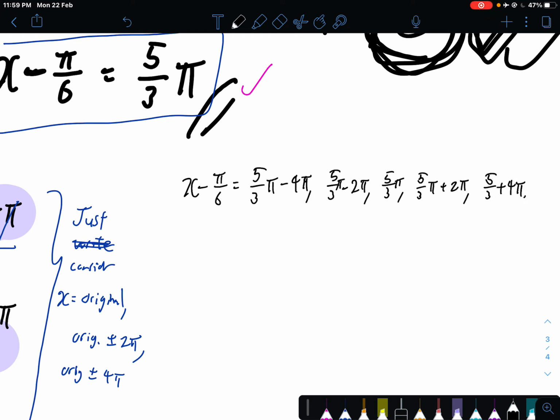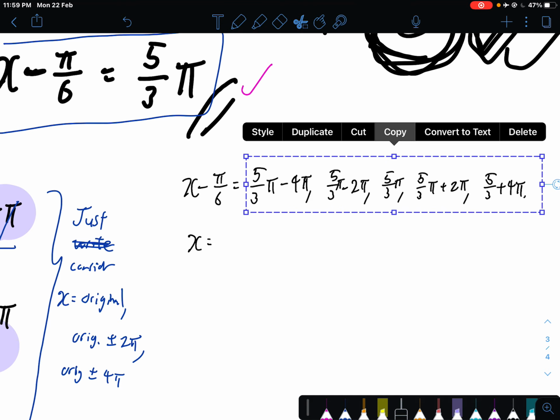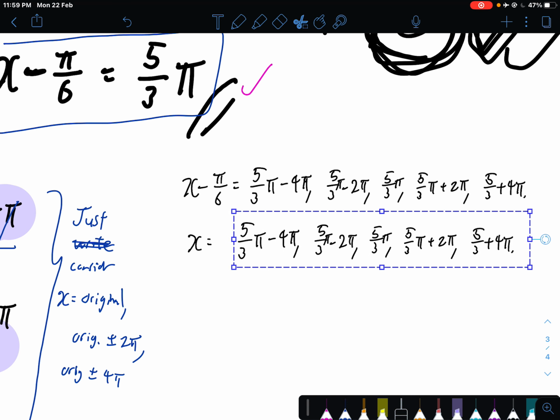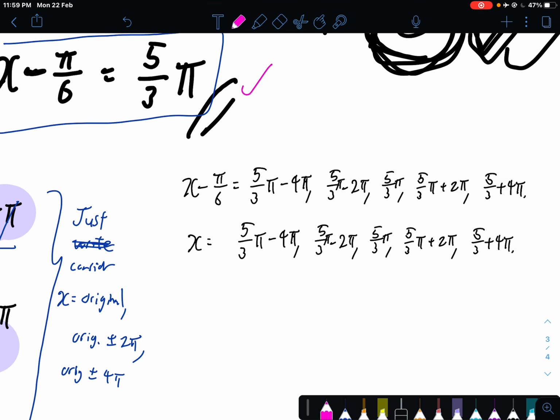Done. Then we bring the pi over 6 over. I'm going to copy paste, plus pi by 6 to each one.